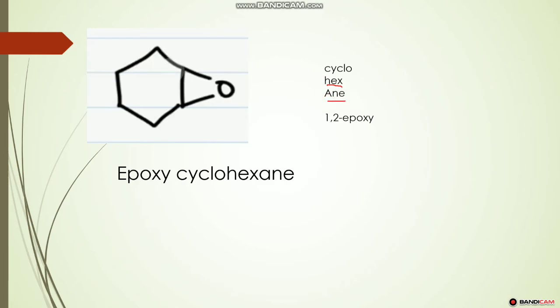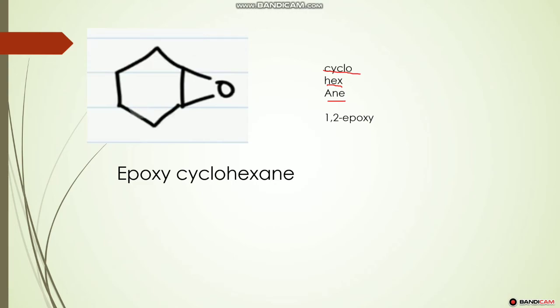And since it forms a ring, we give the prefix cyclo. When numbering, we make sure that both the carbons here are in sequential number. We can choose either clockwise or counterclockwise.